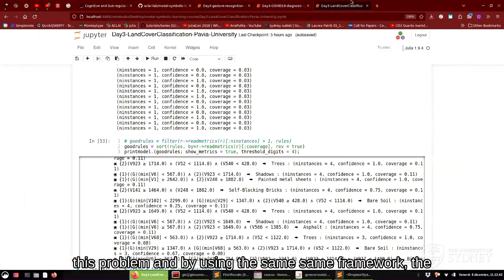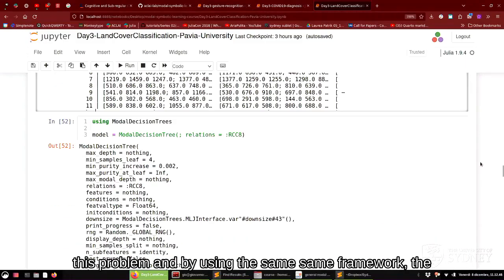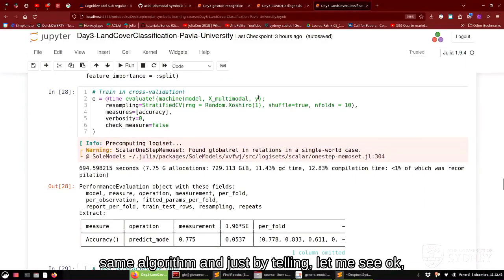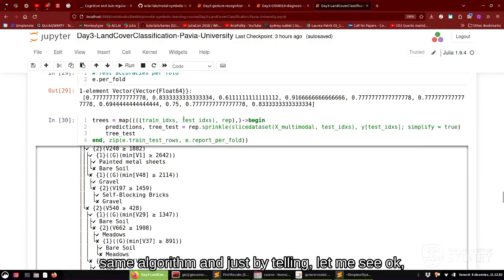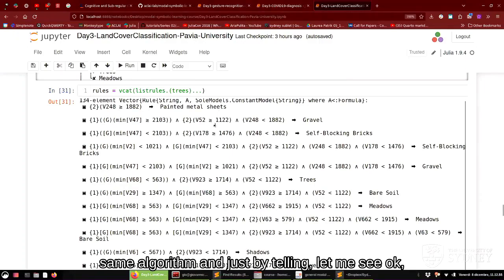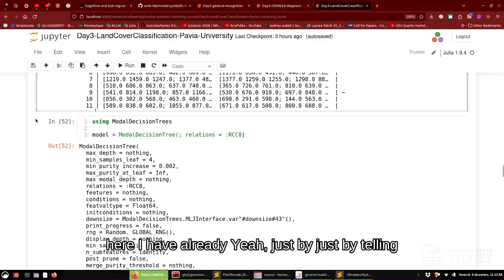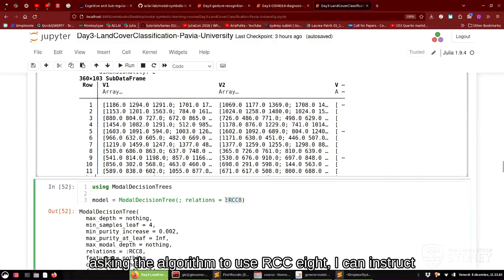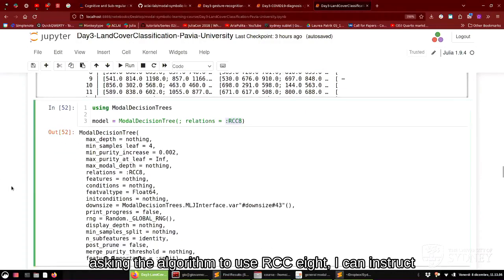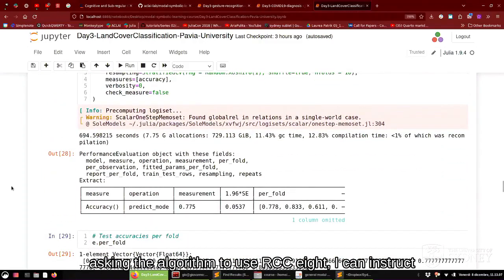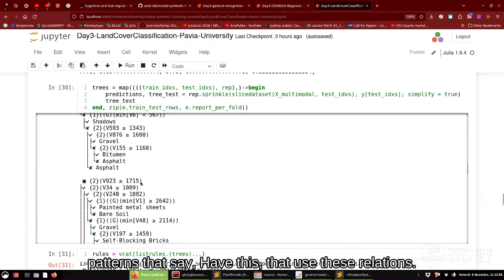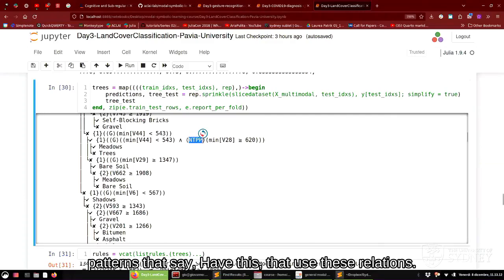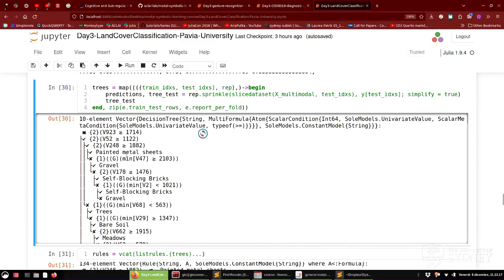And by using the same framework, the same algorithm, just by asking the algorithm to use RCC8, I can extract patterns that use these relations.